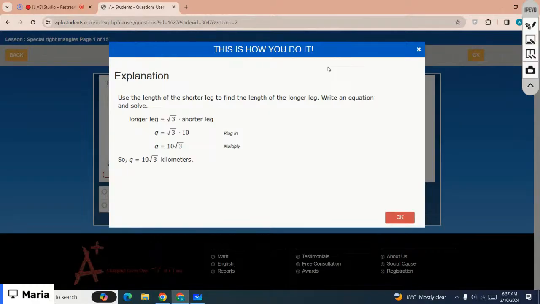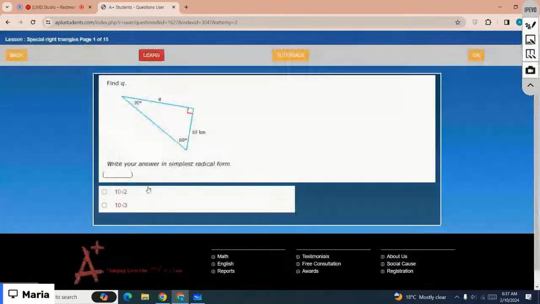So that is q equals 10 times square root 3, right? That is 10 square root 3, the correct option.